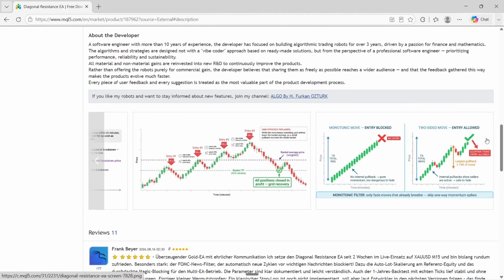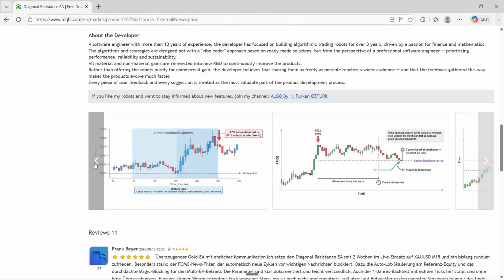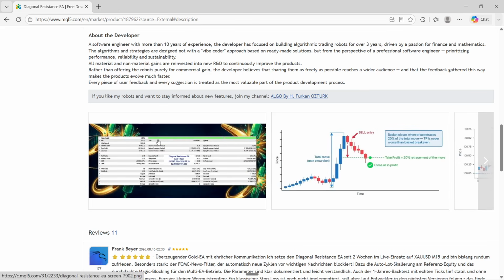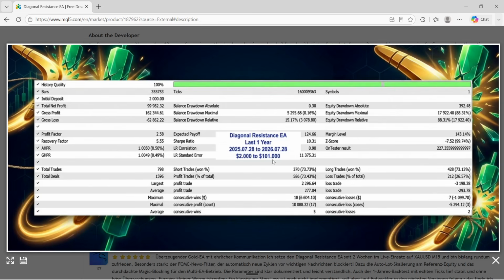Okay, so we have some screenshots here by the developer, basically showing how the EA works, the strategy. We have strategy test reports. So you can see for an initial deposit of $2,000, the total net profit was almost $100,000, $99,982.